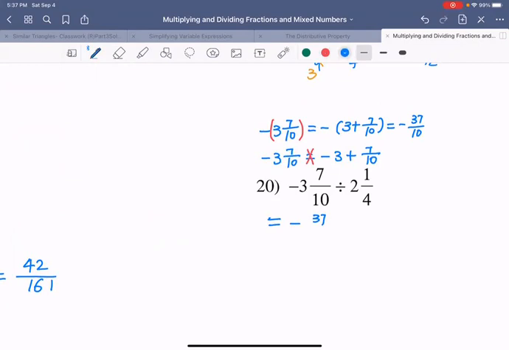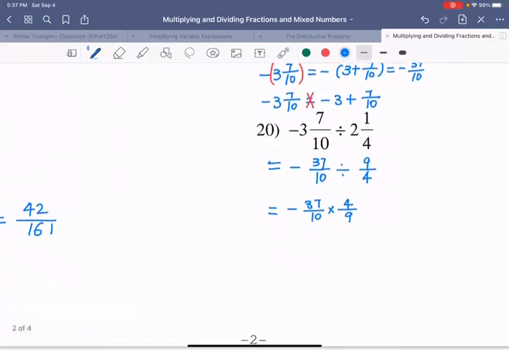Let's continue. -37 over 10 divided by 4 times 2, which is 8, plus 1 equals 9. So 9 over 4. And then you need to flip it. So it's -37 over 10 times 4 over 9. Good. Before we do the next step, I don't want to do 90 and do this. If you can simplify, do it as early as possible.